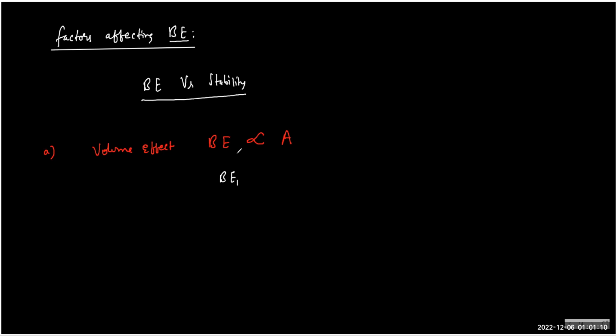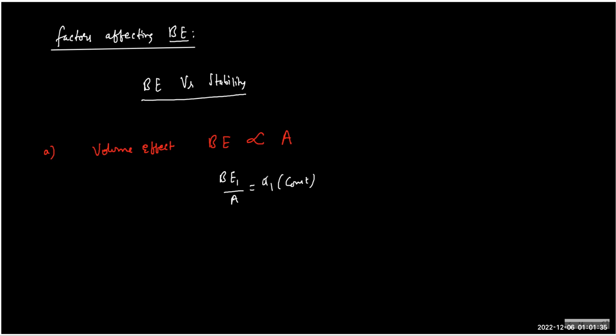So B1 upon A will be some constant, because this is proportional. Let's call this constant A1. So due to the volume effect, the stability will be constant.